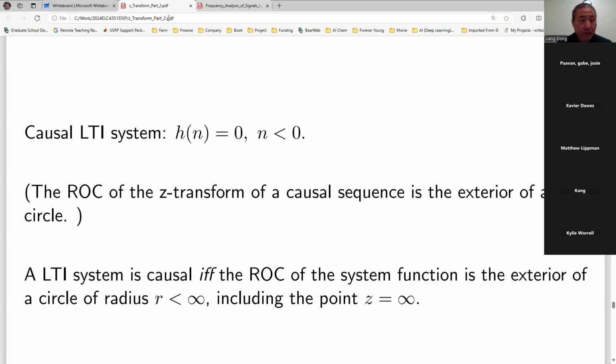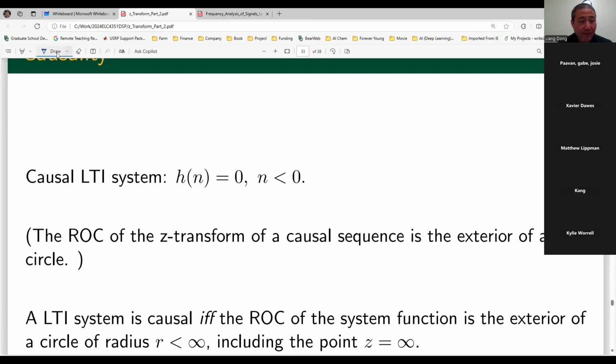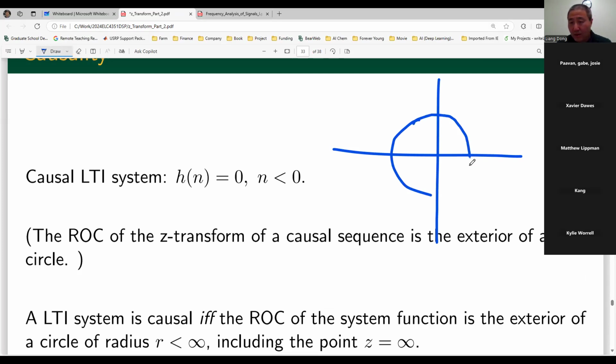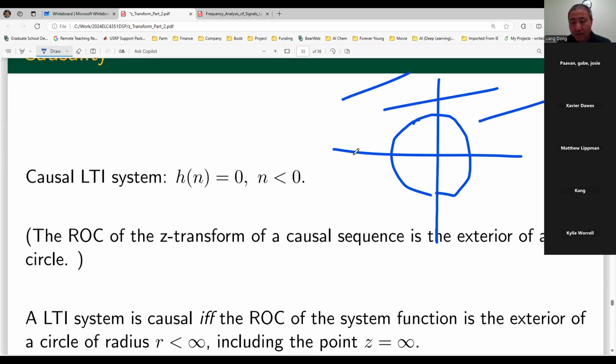Let me use my pen to see if I can do this. Usually my system is causal, so the region of convergence, which is the good part, is the exterior of the circle.